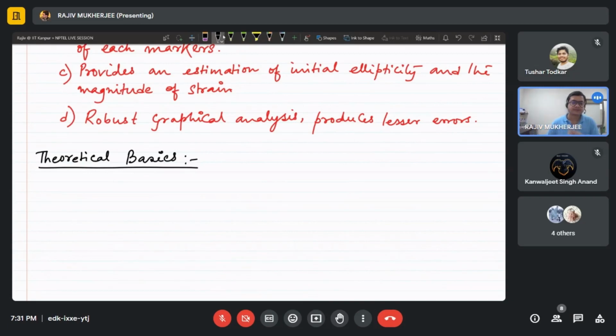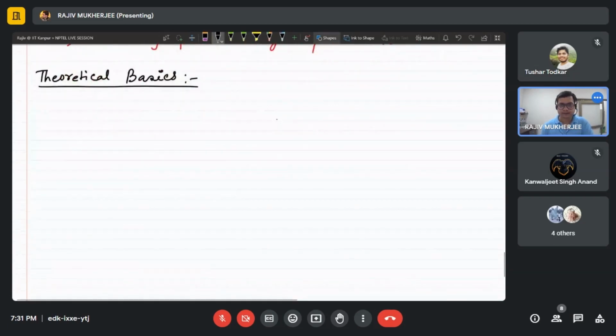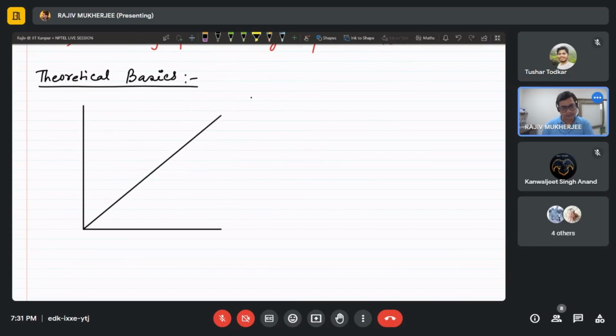Consider this as a reference frame, and so we have this circular area, and then we have this elliptical area.